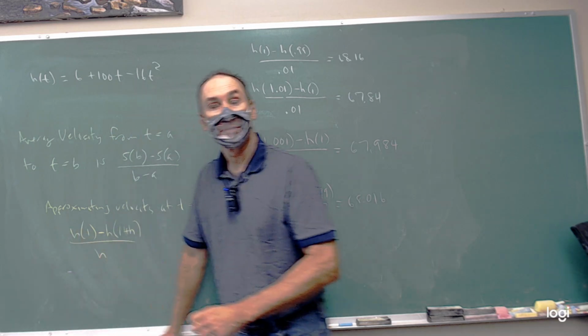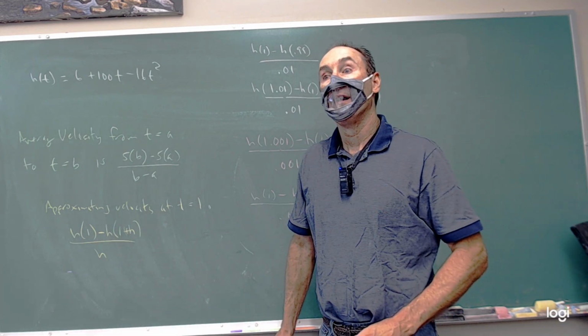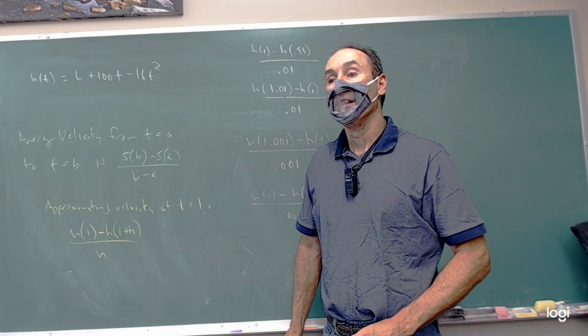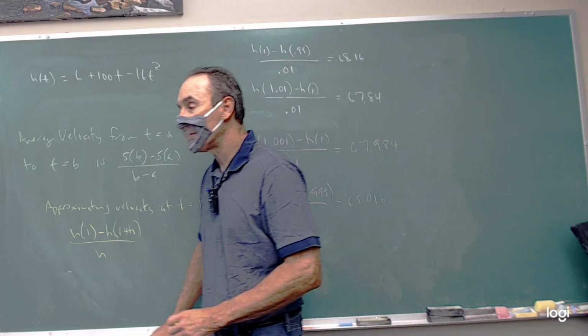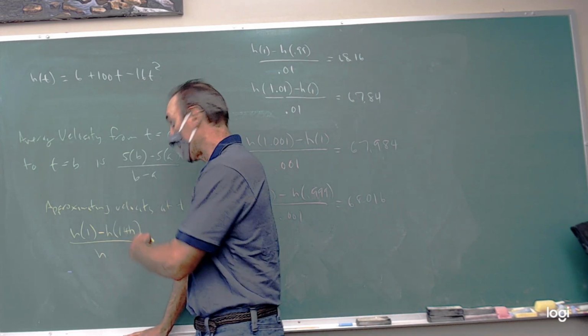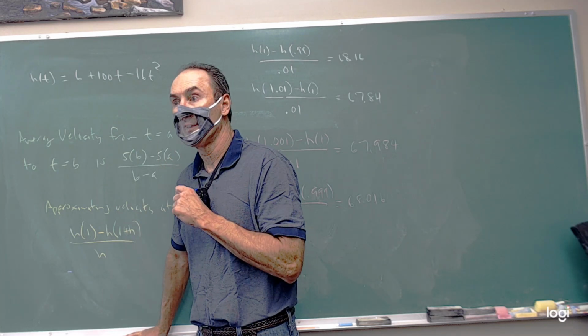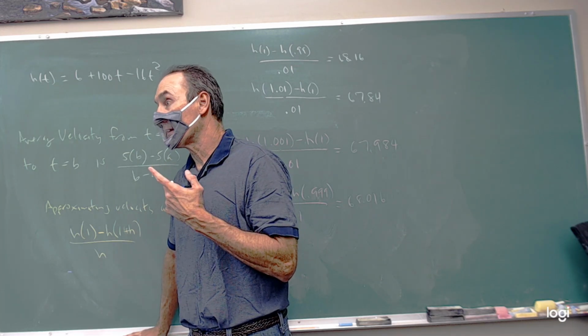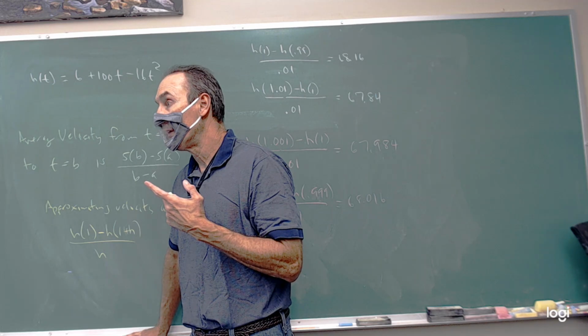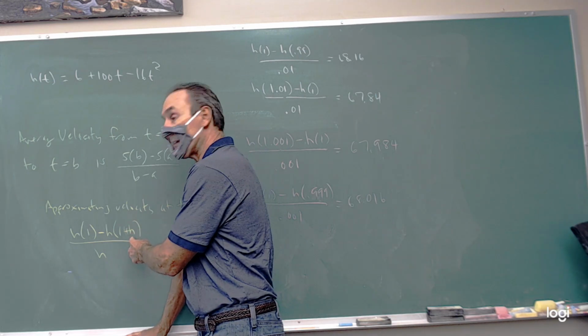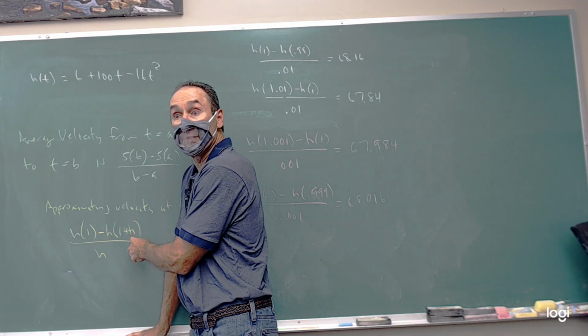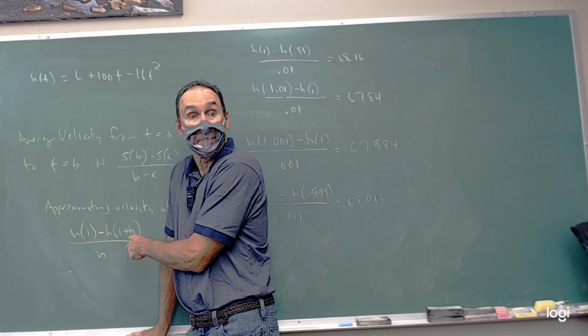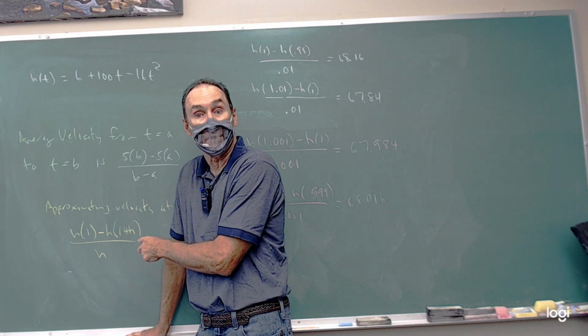So if we want to make it exact, what do we want to do with that h? Speak to me in math language. We want to make that h get smaller and smaller, closer and closer to 0.